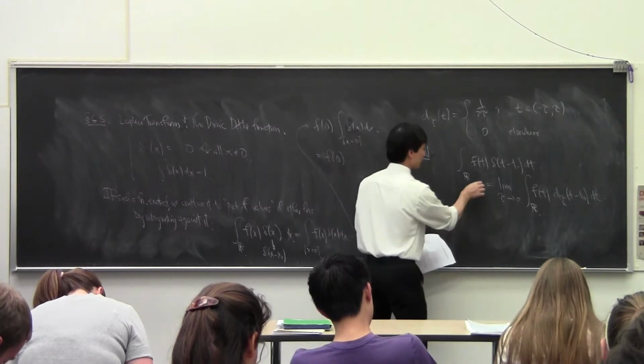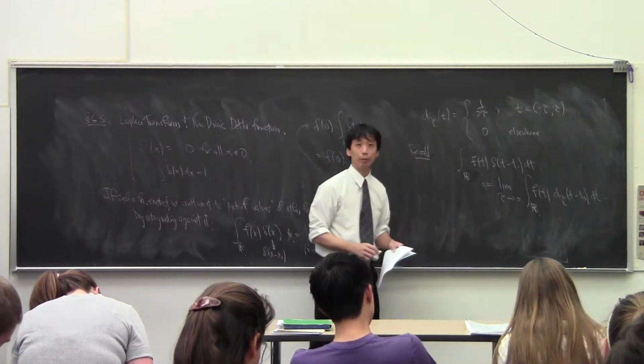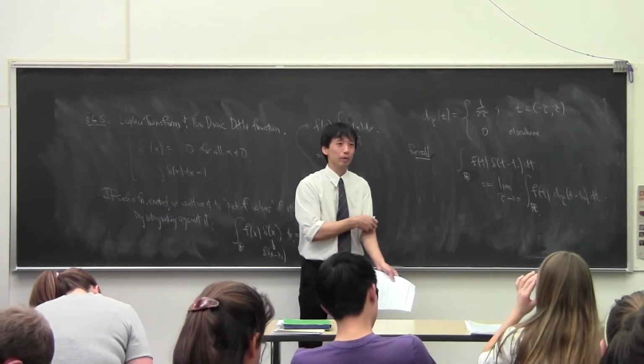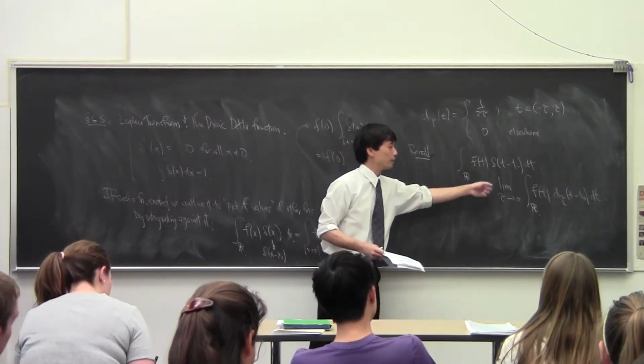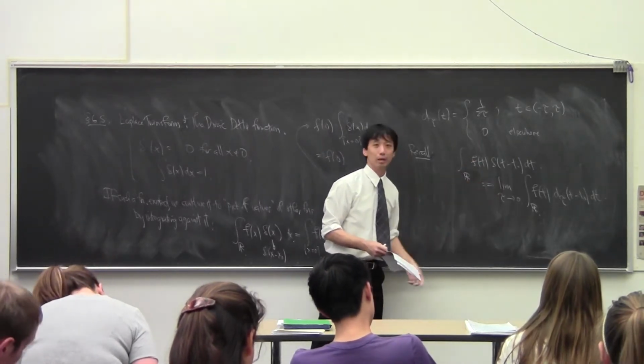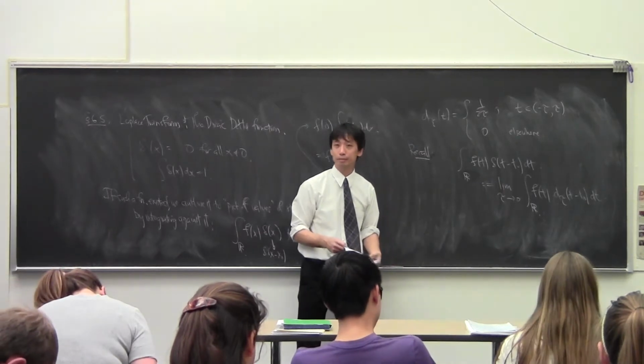We basically said that's how we were going to define the Dirac delta function, as something that operates as the limit of these d sub tau functions.